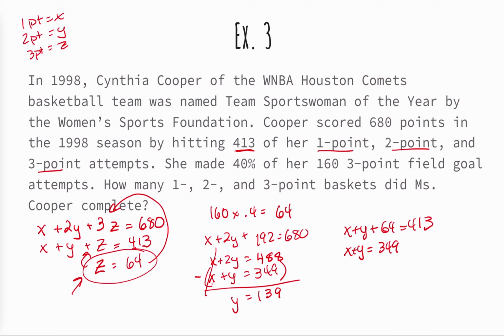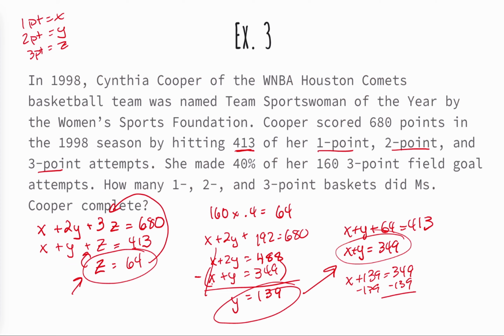So y is 139, and we know that x plus y is 349. So x plus 139 equals 349. And so minus 139 from both sides, that is 210. And so double check.